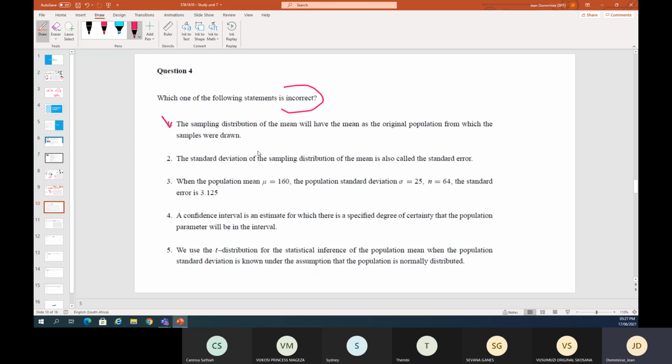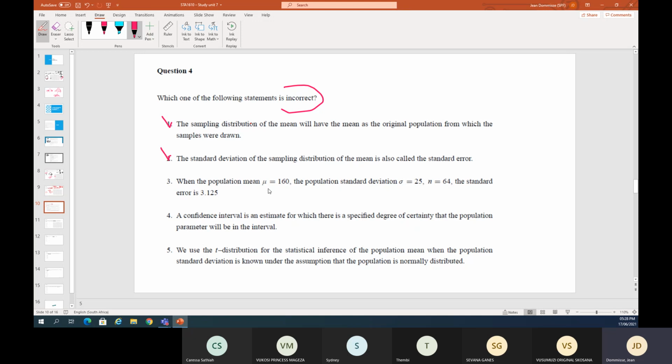Okay, so that is correct. The standard deviation of a sampling distribution of a mean is also called the standard error. We basically just went through that, so perfect, correct.